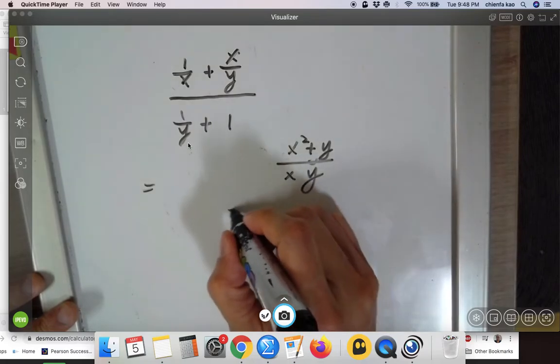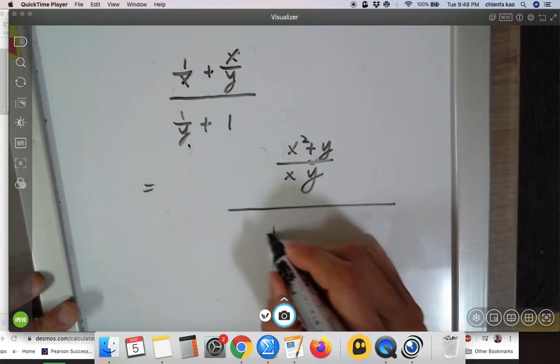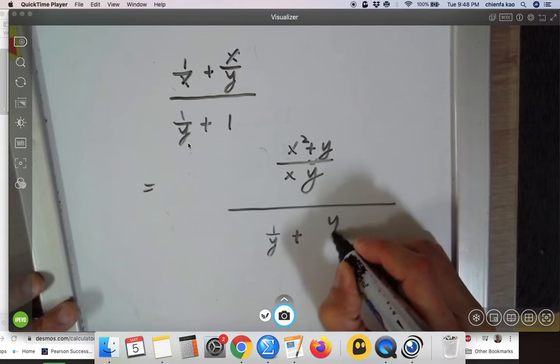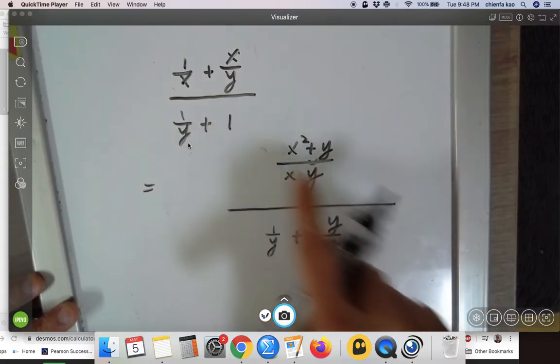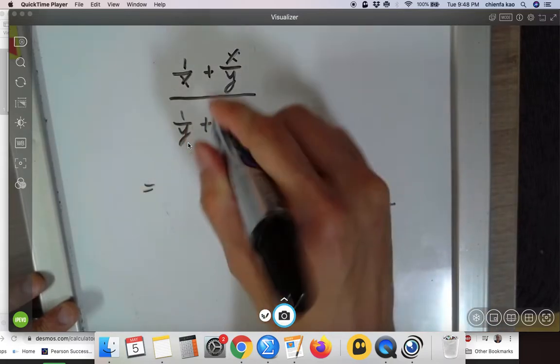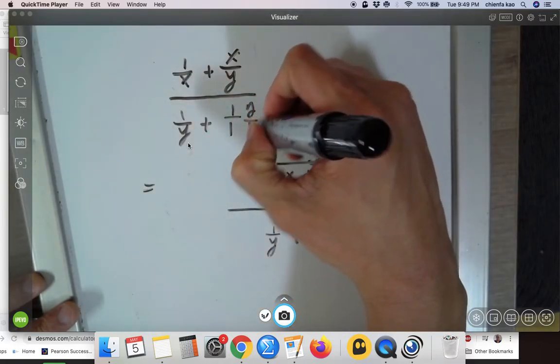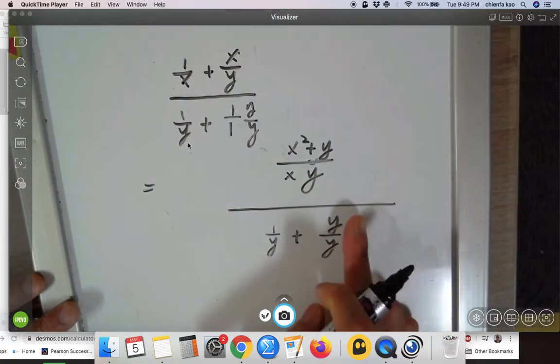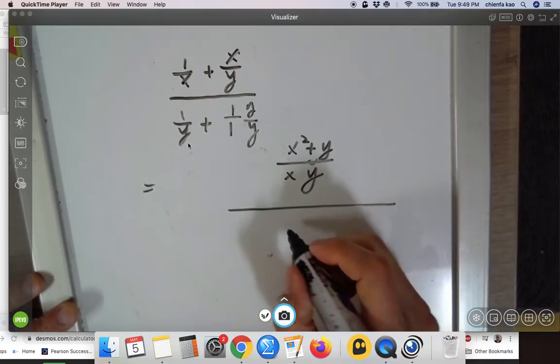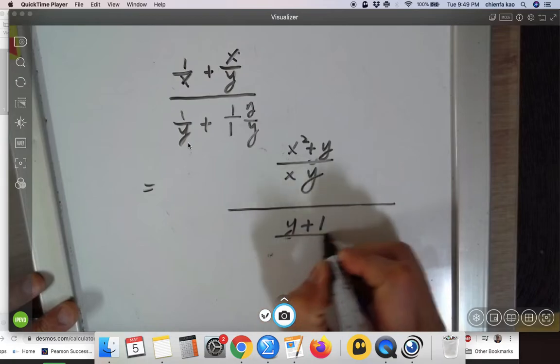Now the bottom becomes 1 over y plus y over y. This is 1 over 1, right? So if you think about it, 1 over 1 multiplied by y over y. So like that. The final answer for this one will be y plus 1 over y.